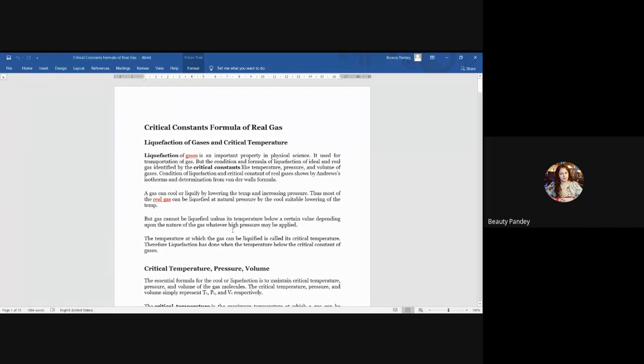Okay. So now let's define what the critical constants are. Till now we have been talking about how a real gas can be converted to an ideal gas at low pressures and high temperatures.